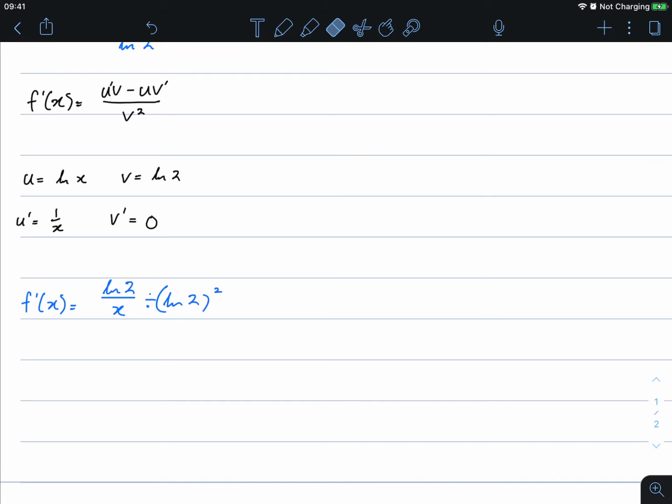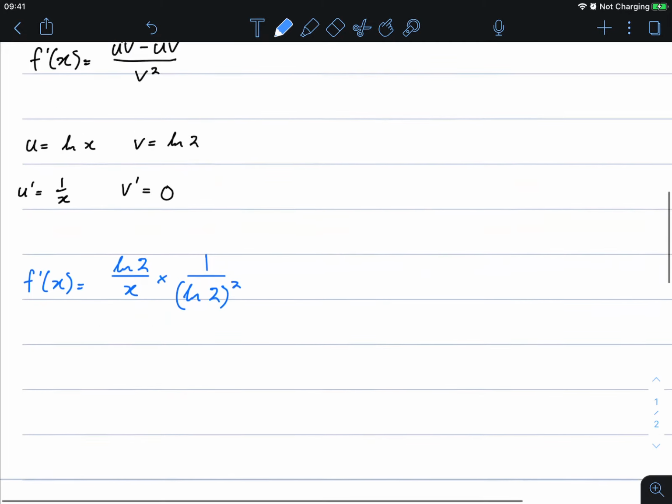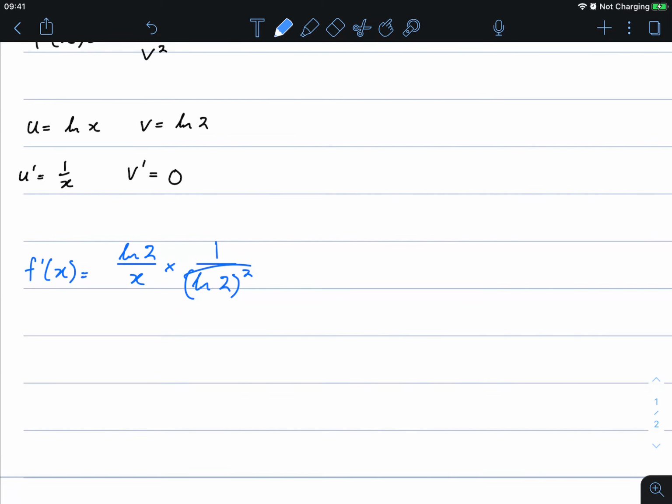If you think about this, this actually just becomes times 1 on ln of 2 squared. Notice how there are 2 ln's on the denominator and 1 on the numerator. We can cross these off, leaving us with 1 on x ln of 2.